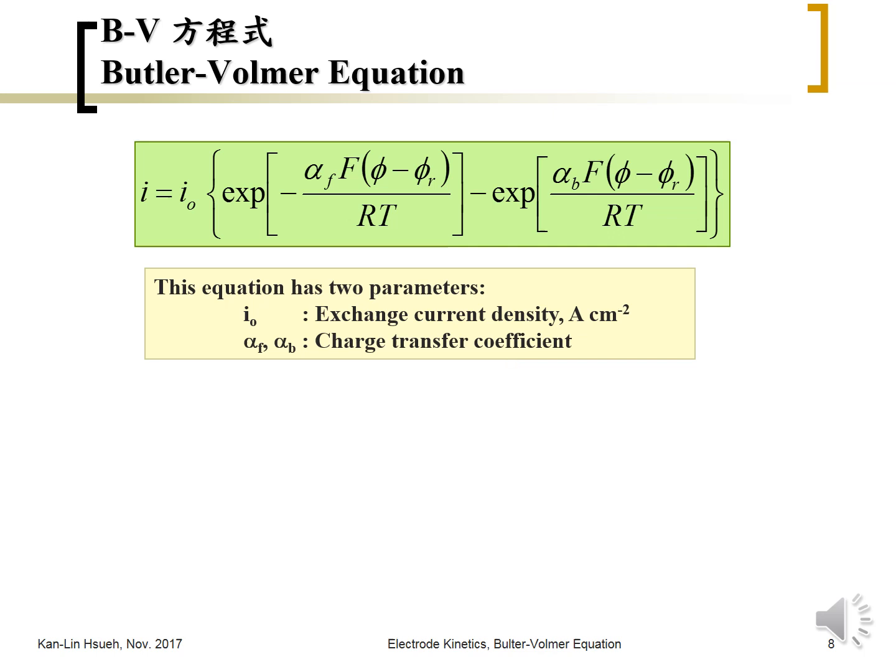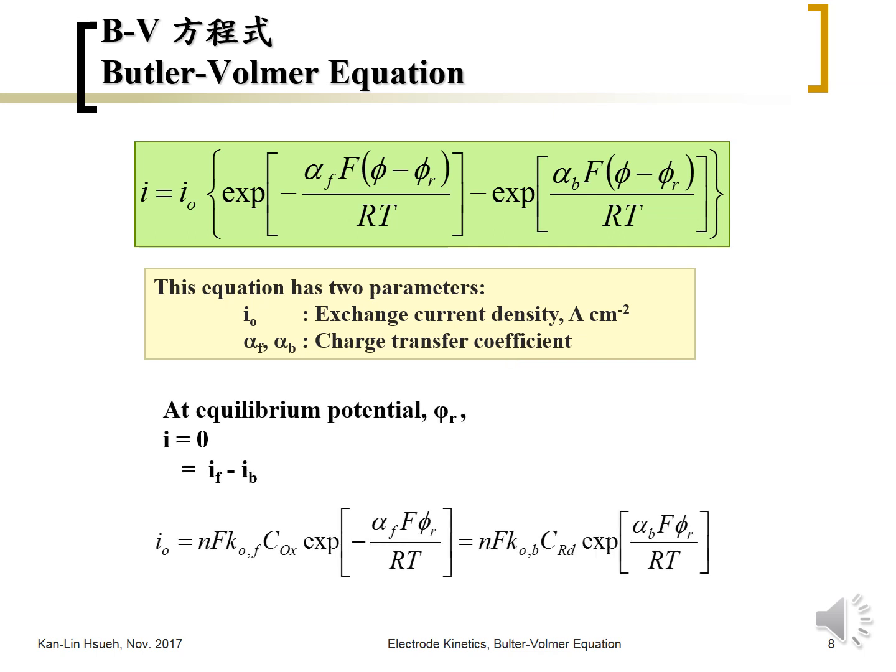This can be achieved by assuming in the previous equation, at the equilibrium potential phi r, the current equals 0, the forward reaction equals the backward reaction. If you put the phi r into the previous equation, then the forward reaction term becomes this one, and the backward reaction term becomes this one. I would suggest you try it.